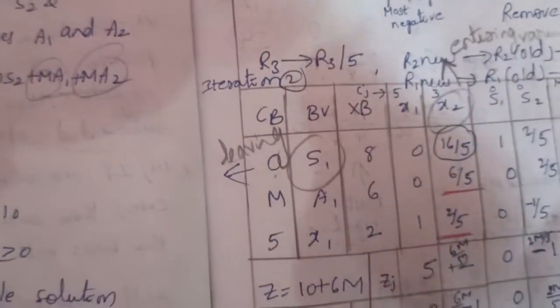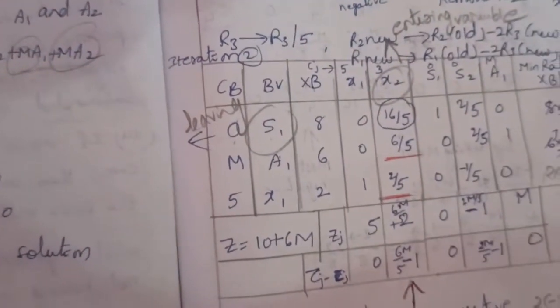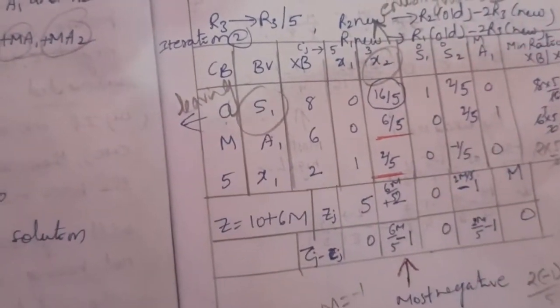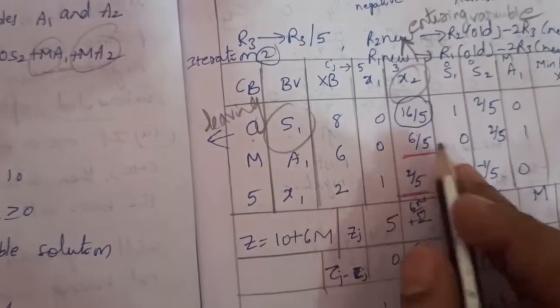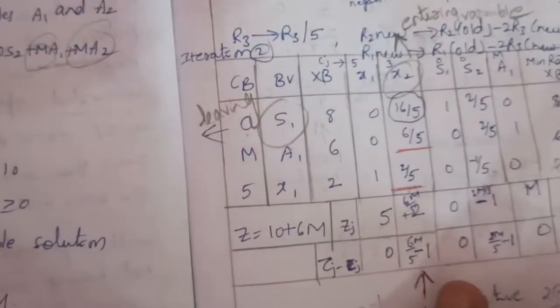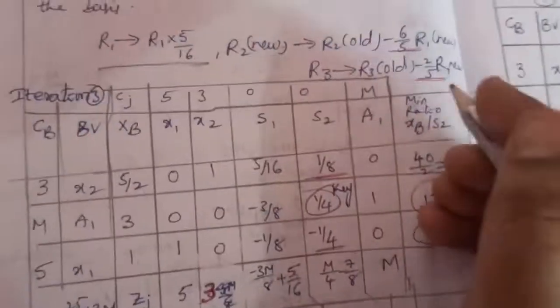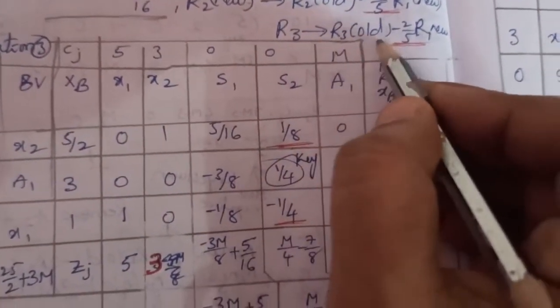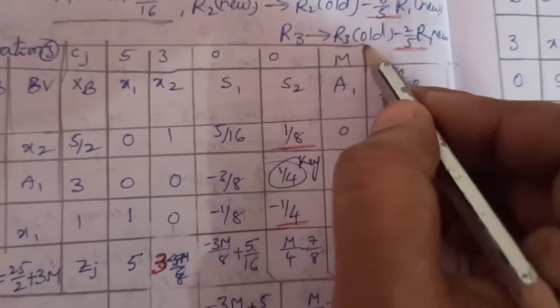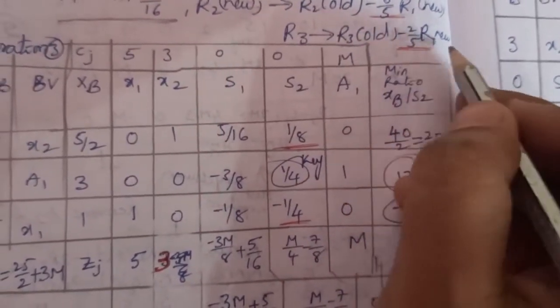This key column will give the next iteration coefficients to the big M method. So these red underlined values are the key values to the next iteration here. R3 changes to R3 old minus 2 by 5 R1 new.